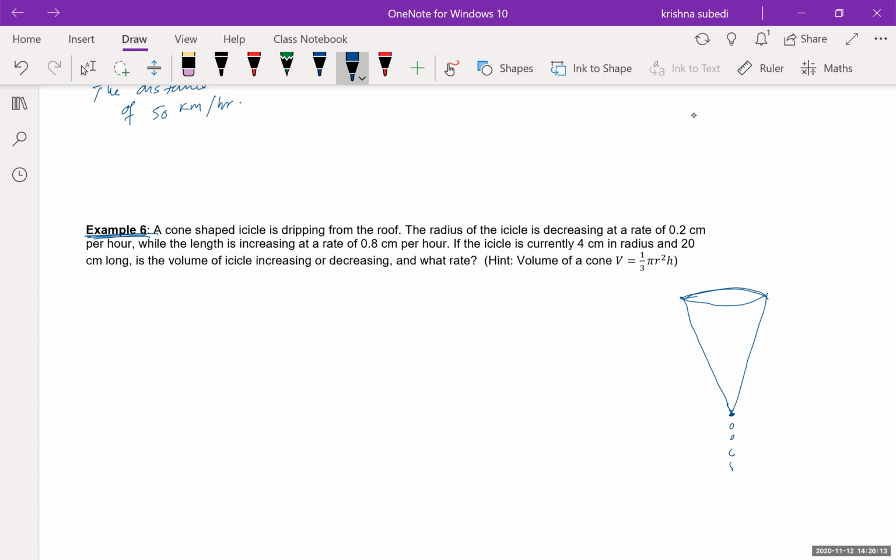What is given here is that the radius of the icicle is decreasing at the rate of 0.2 centimeters. So radius is decreasing, so dr over dt equals negative 0.2 centimeter per hour.